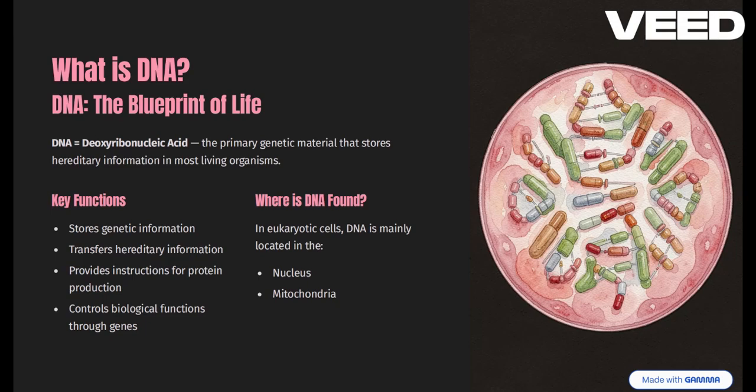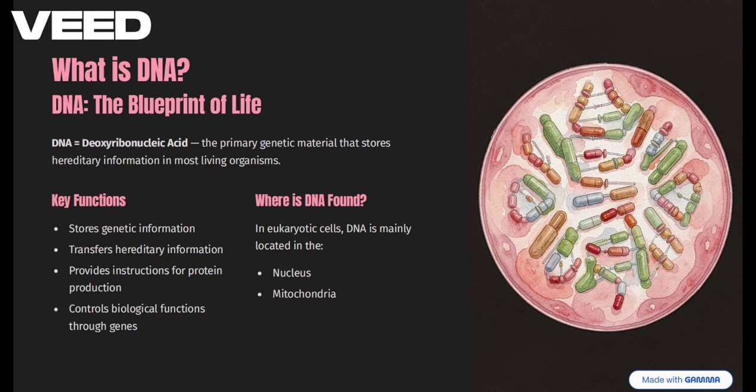DNA stores genetic information and passes that information from one generation to the next. It also contains genes that provide instructions for producing proteins and regulating biological functions. In eukaryotic cells, most DNA is located inside the nucleus. However, DNA is also present in organelles such as the mitochondria. So, in simple words, we can think of DNA as the long-term storage of genetic information in a cell.